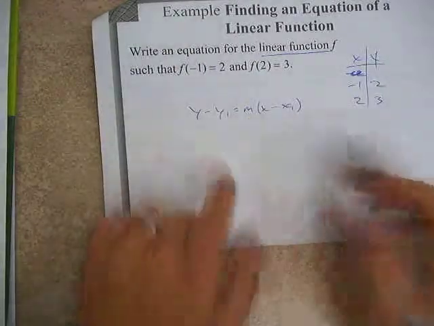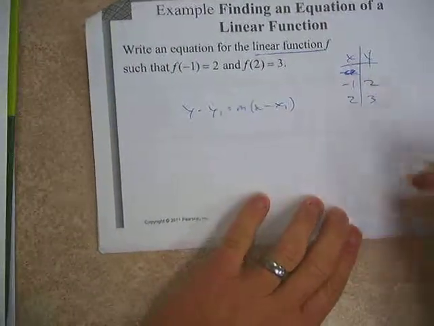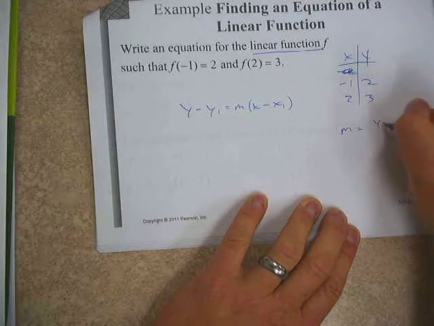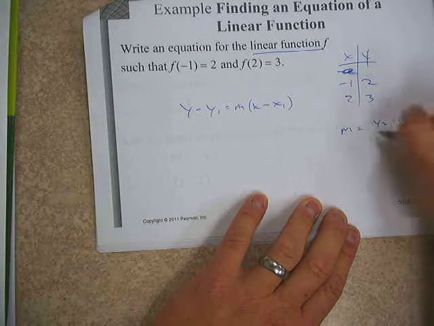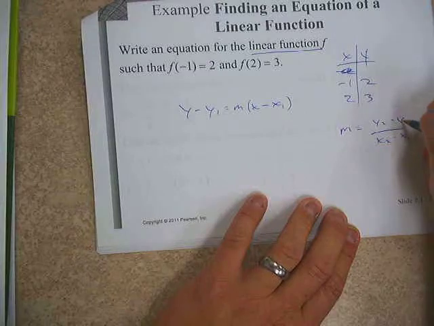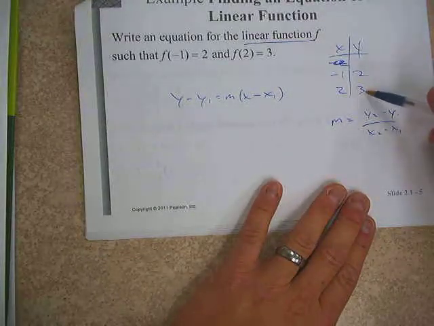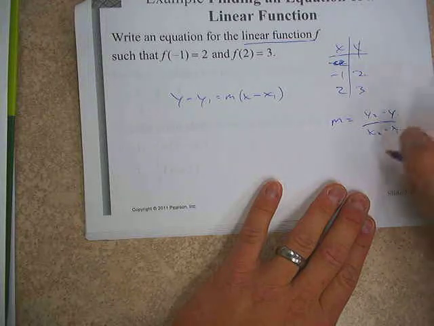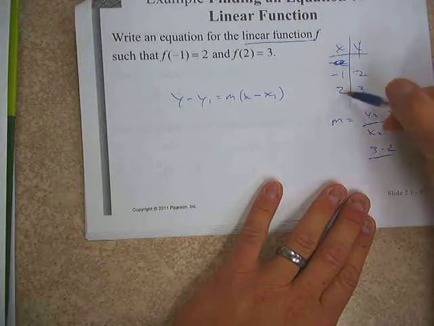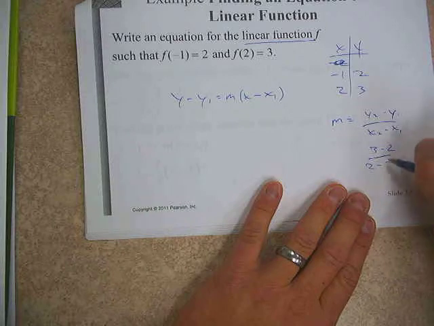Now, if we're going to write an equation for this linear function, we talked earlier about the fact that the best way to write an equation for any line is to start out with the point-slope form, and then all we need is a point and a slope. So I would find the slope first. We know that the slope is y2 minus y1 over x2 minus x1.